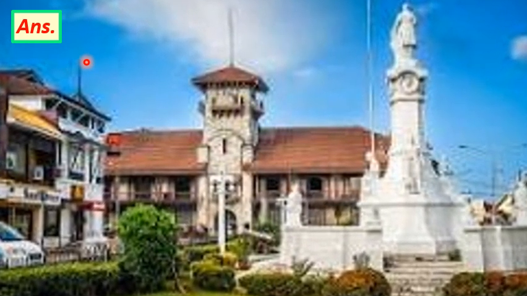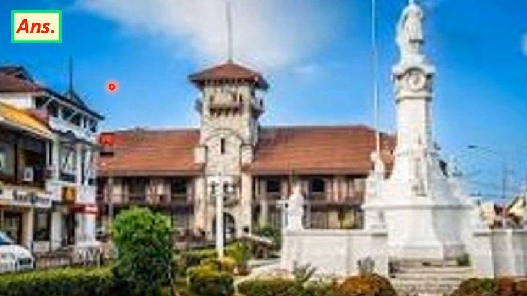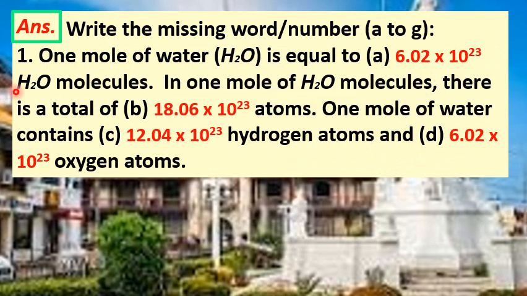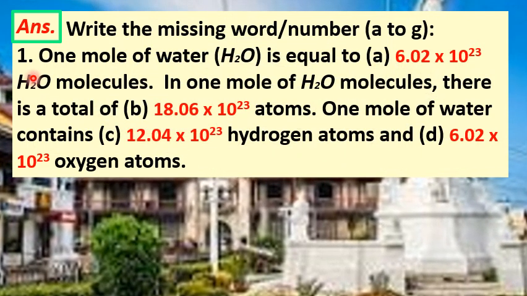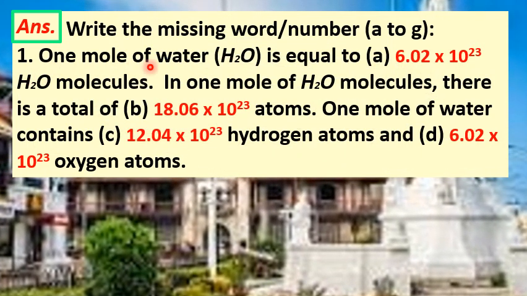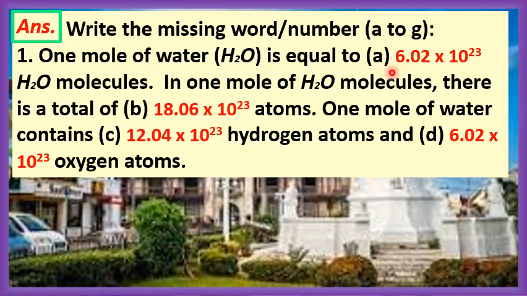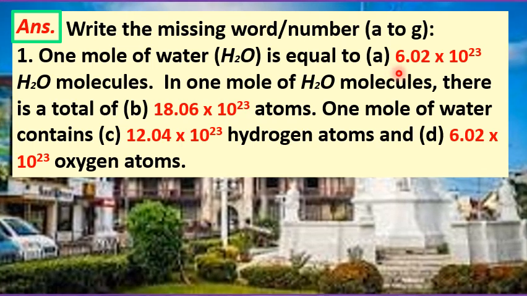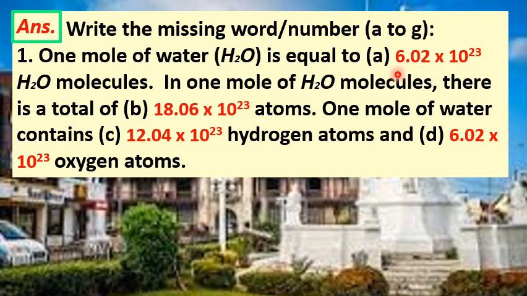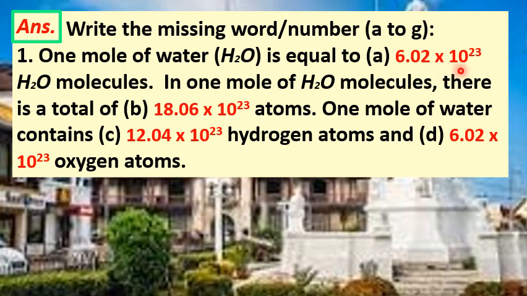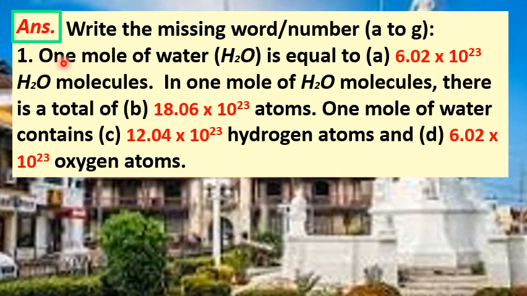Here are the answers to questions 1 and 2. For question number 1, 1 mole of water, H2O, is equal to, letter A, blank H2O molecules. So the correct answer is 6.02 times 10 to the 23rd power water molecules.